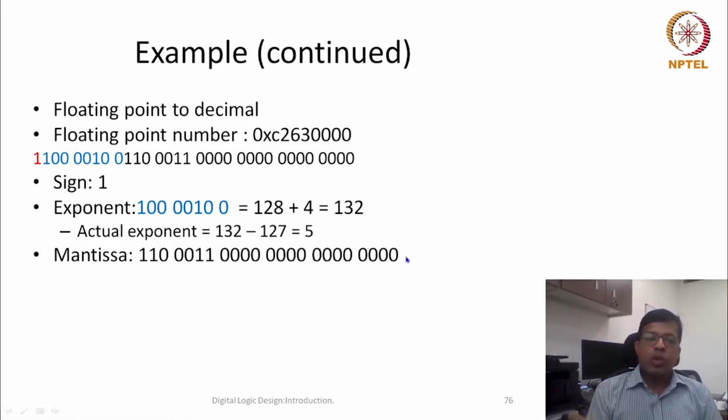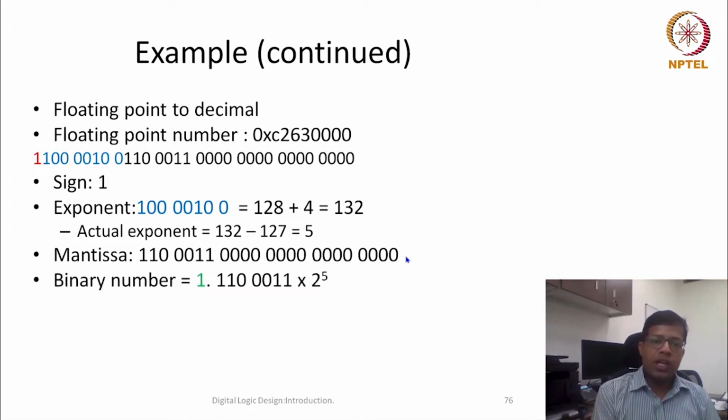Remember, when we were converting a decimal number to floating point, we first had the significand and then extracted the mantissa. The same step goes in as the next step here. So this binary number I can write like this: 1 is the significand which I need to add, and then I write the mantissa bits.